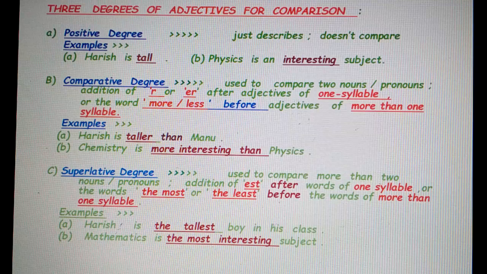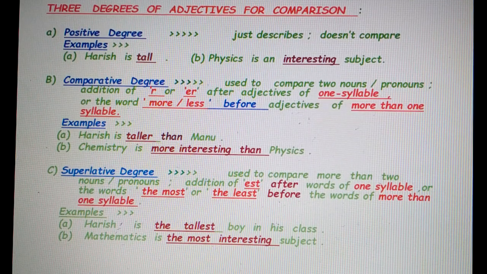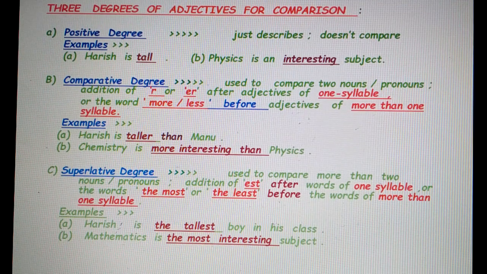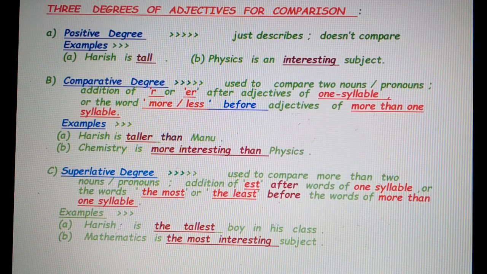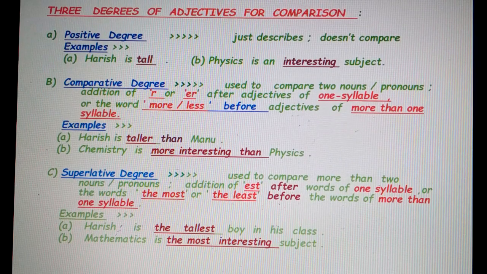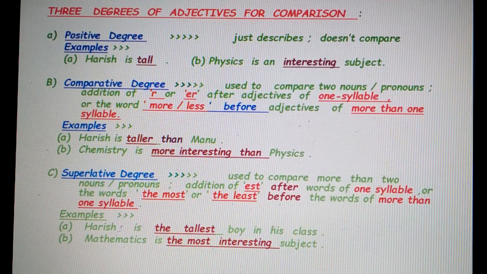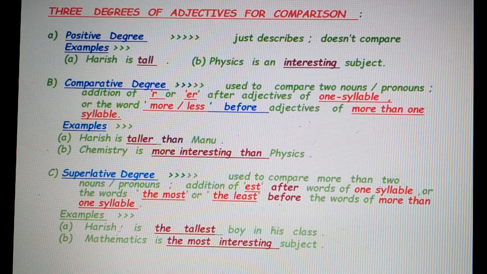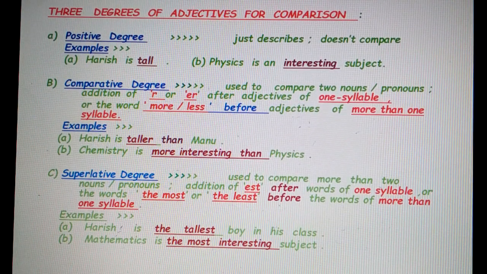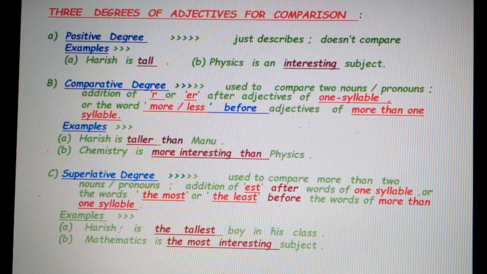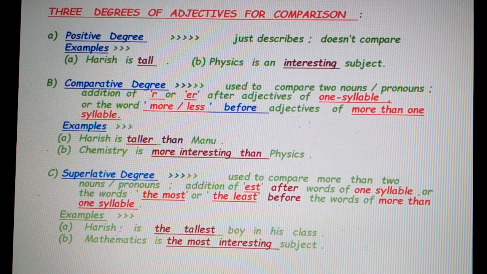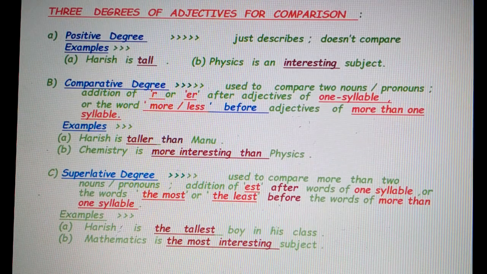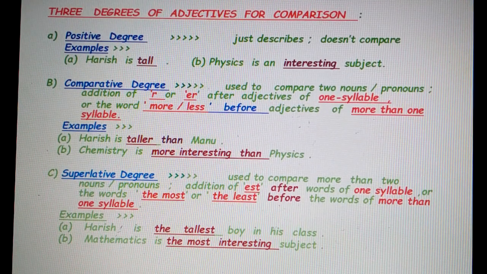We come to the third one, superlative degree. Superlative, as the word implies itself, super. It's the most fantastic degree, which gives the highest order. It shows the highest order of the thing, whatever is being talked about. So superlative degree is used to compare more than two nouns or pronouns in the sentence.